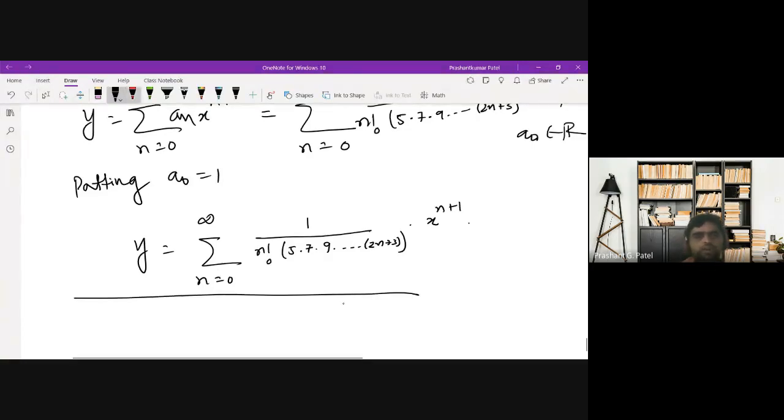So that is the first linearly independent solution we get. We can call this y1.